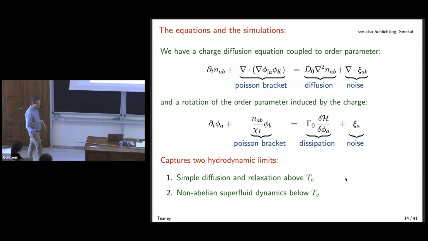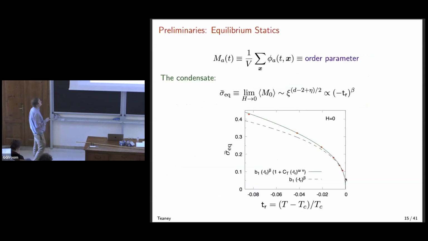So let's review some notation here. We define the order parameter as the integral of this thing over our spatial lattice, M. Magnetization, that's the choice. And the mean magnetization, or the chiral condensate, is this definition. It's the average of M.